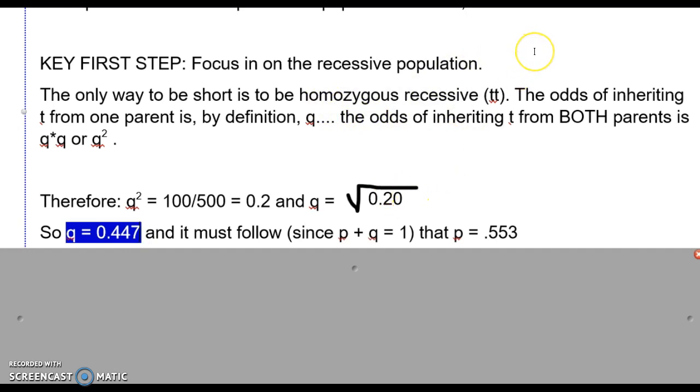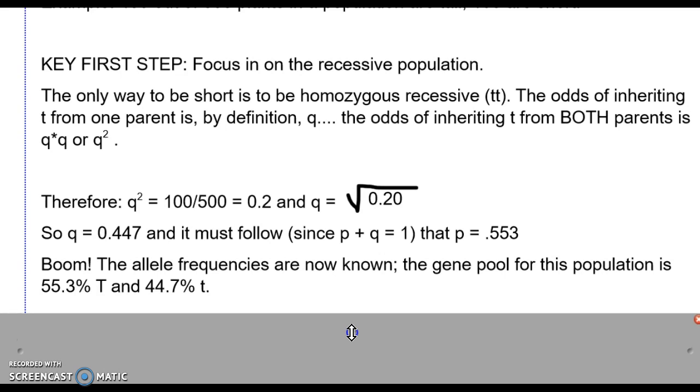You've got to be careful there when you're dealing with decimals, numbers that are less than 1, and it may surprise you to see Q be a larger number than Q squared, but it makes sense if you give it a few moments' thought mathematically. It also must follow, since P plus Q is equal to 1, that P is equal to 0.553. Those have to add up to 1.